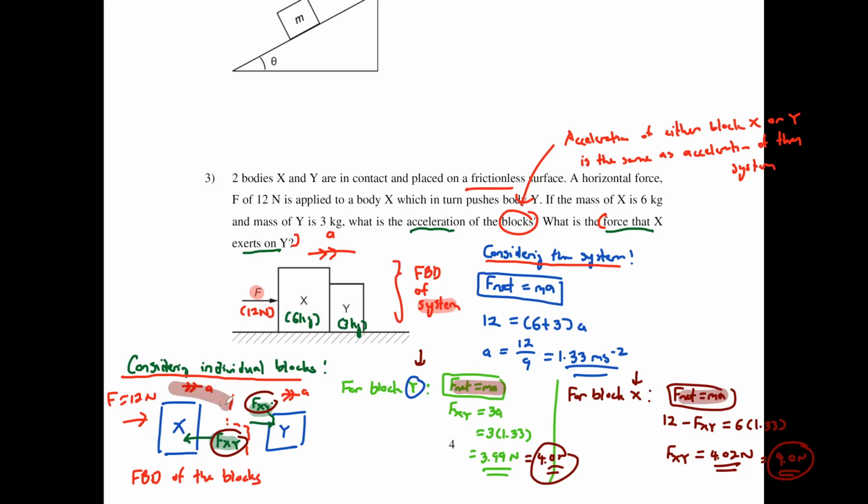Here your Fnet is 12 minus Fxy. 12 Newton will be positive because it's in the same direction as your acceleration, whereas Fxy will be negative because it is in the opposite direction to your acceleration. But when you move on to block Y, Fxy is in the same direction as your acceleration, so it's just positive. That's all to it. So this is how you solve to find this answer.